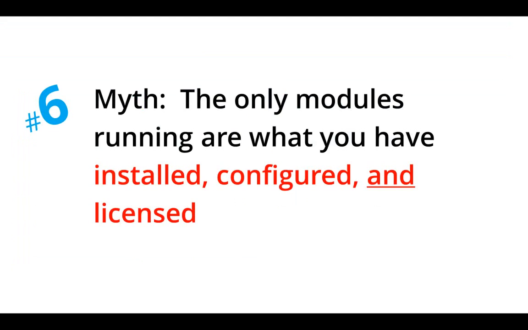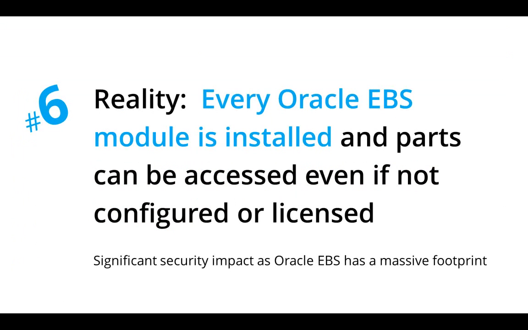So another myth that we run into all the time is that the only modules running are what you have installed, configured, and licensed. If there is a myth here that I have to sit and fight with people consistently, this is the myth. When you install Oracle eBusiness Suite, every single module is installed no matter what.